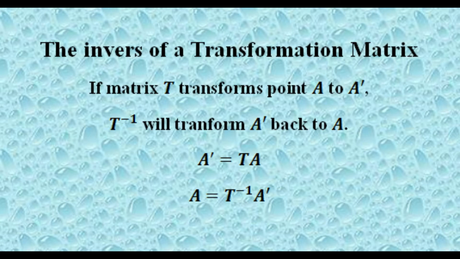So, how to find the inverse of a transformation matrix? If matrix T is the transformation matrix from point A to A accent, T inverse will transform A accent back to A. So A accent equals T multiplied by A, so A equals the inverse of T multiplied by A accent.